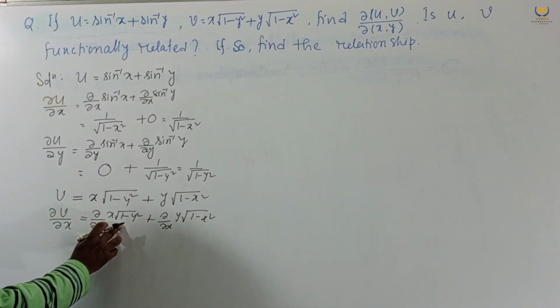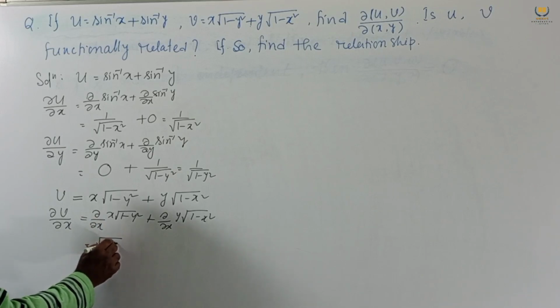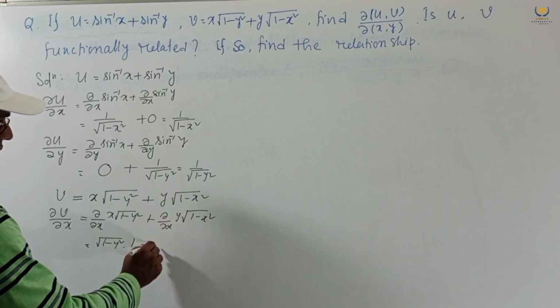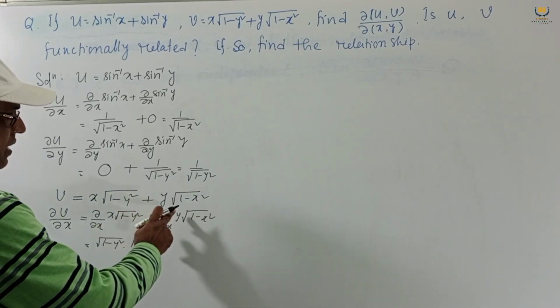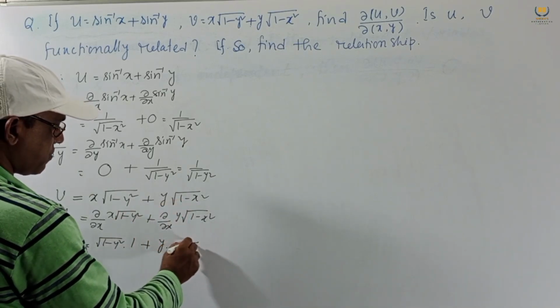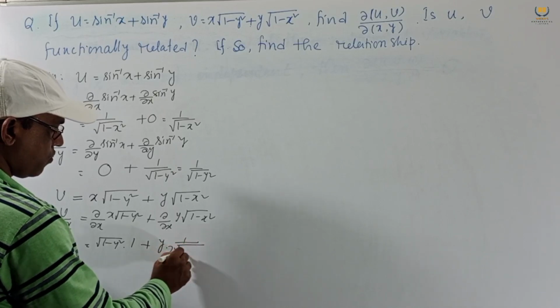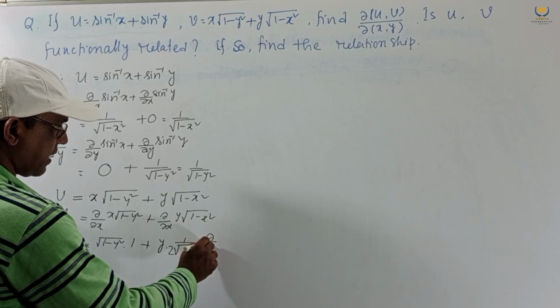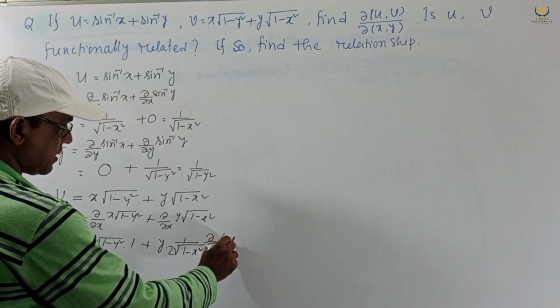Here root over 1 minus y square is constant outside ∂/∂x of x, which is 1, and y is constant outside ∂/∂x of the root, which means 1 by 2 root over 1 minus x square times ∂/∂x of 1 minus x square.